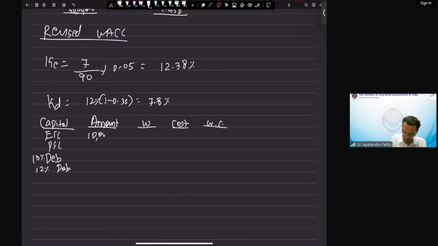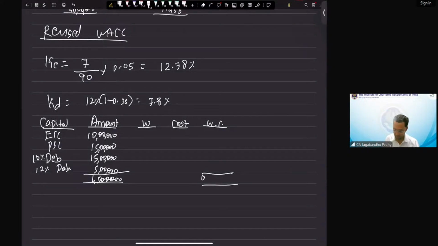Amount is 10 lakh, 15 lakh, 15 lakh, and 12% debentures is 5 lakh. This totals to 45 lakh. Calculate the weights and simply take the cost. So weighted average number is going to be 9.867%.